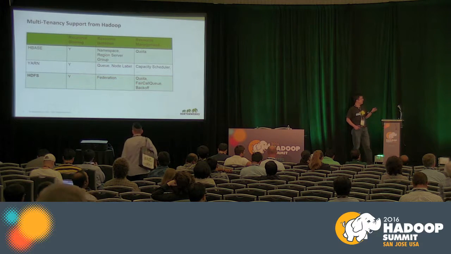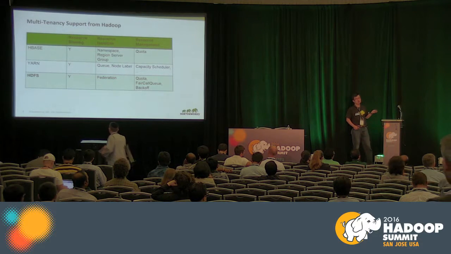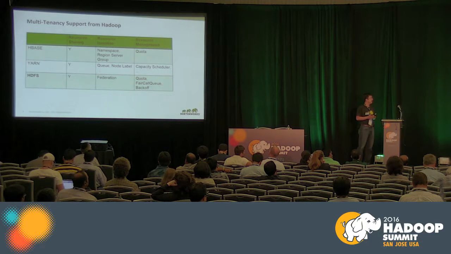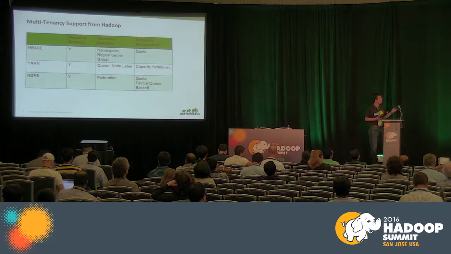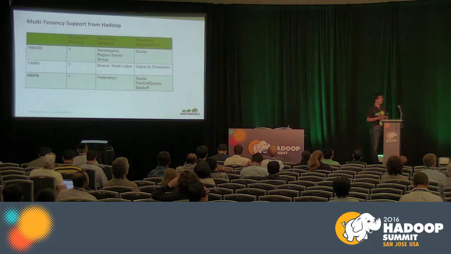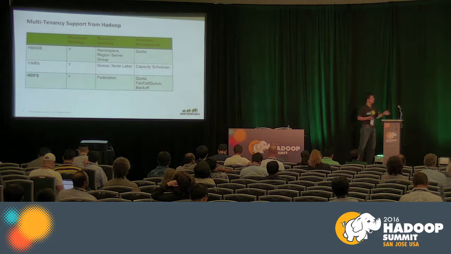And Yarn is the central resource manager for the Hadoop clusters. It has a lot of features related to resource isolation. For example, the queue is the basic scheduling unit for resource management, and you can assign different weights of resource usage for the queues, and the jobs will be assigned to the queue based on their priorities.